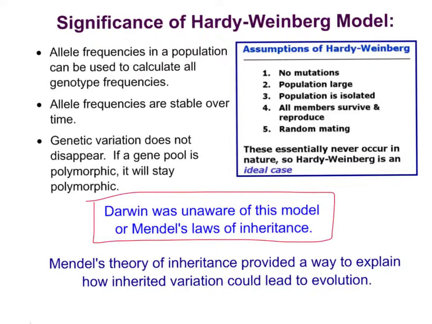He would have been really excited if he had, because some of the ways he tried to explain it were not very accurate. They didn't work out so well. In a lot of ways, this Hardy-Weinberg model helps to explain some of what Darwin was trying to predict. It's a way of showing that genetic variation does not disappear. It is maintained, and we can look at how populations can evolve over a long period of time and how they can change.